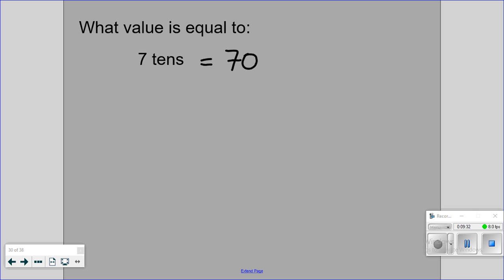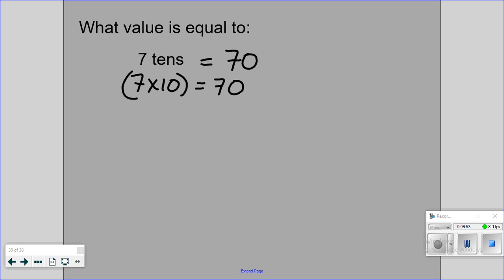This is almost like saying 7 groups of 10s is worth the same as 70. Because when I'm counting by 10s, I've seen that before. 7 groups of 10s.